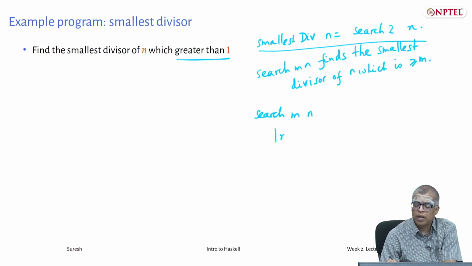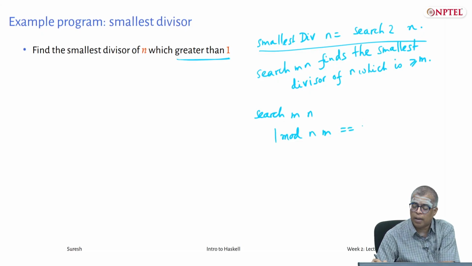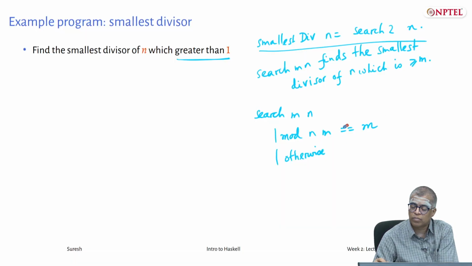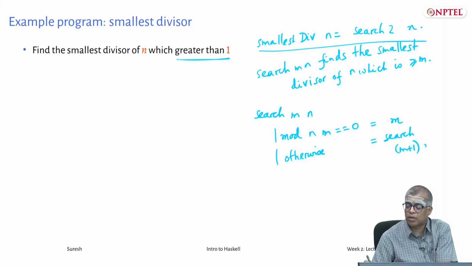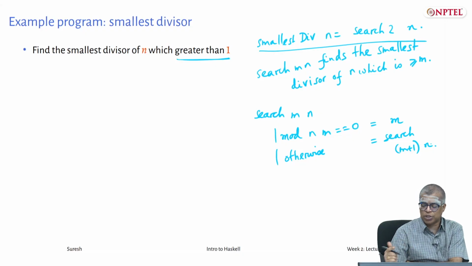Search m n, in case n mod m is 0, that means that m divides n, then you just return m, else otherwise you just search for the smallest divisor of n greater than or equal to m plus 1, because you have determined that m is not a divisor, so you have to move ahead in your search.